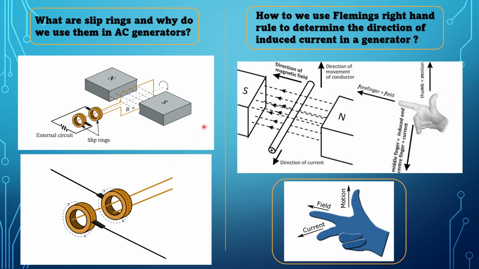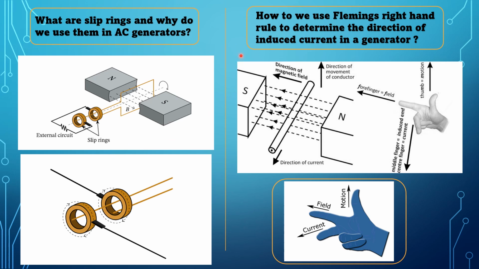As the rotation continues and that side of the coil moves down, the induced potential difference reverses direction. So it's just going to keep doing the same thing in our AC generators. It's a vital thing in AC generators.